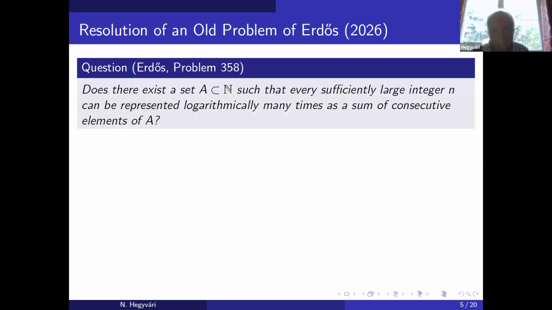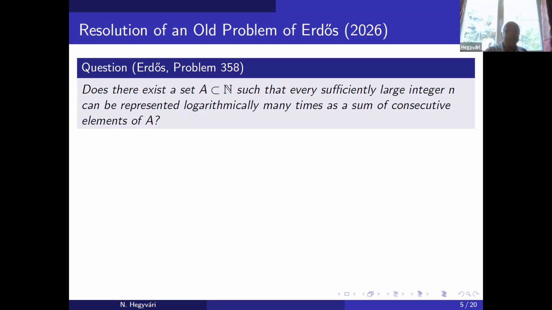Okay, a very new result on an old problem of Erdős. On the Bloom web page, the number is 358, and it sounds as follows: whether there exists a set A such that every sufficiently large integer n can be represented logarithmically many times as a sum of consecutive elements.